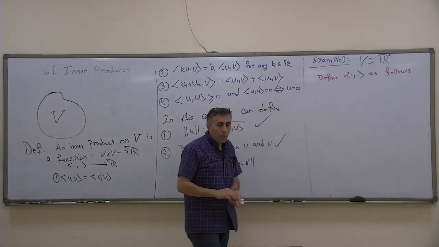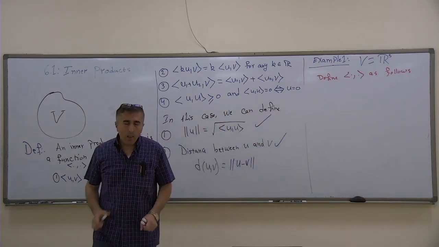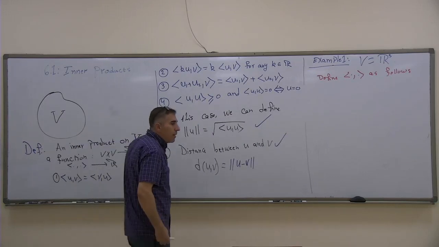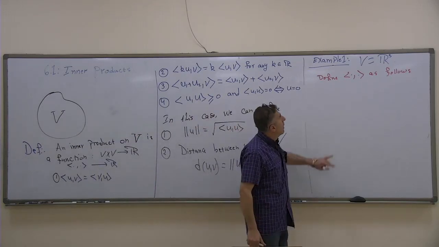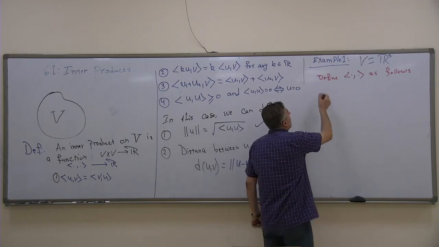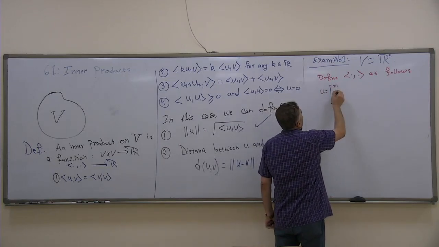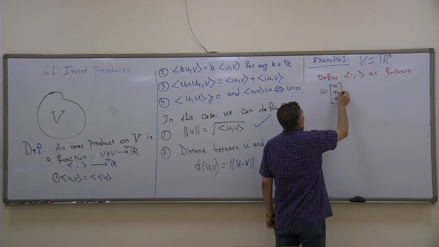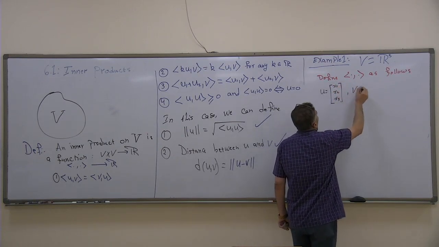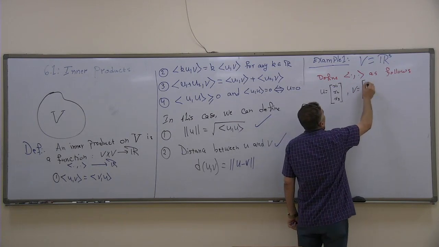Well, take it from something you already know here. You know from your physics the dot product, correct? So when you have two vectors, U equals, let's say, x1, x2, x3, and V equals y1, y2, y3.